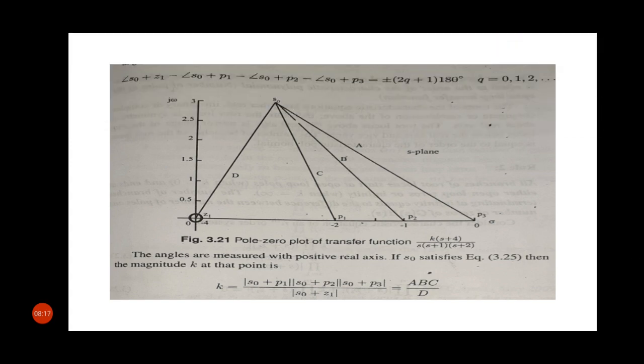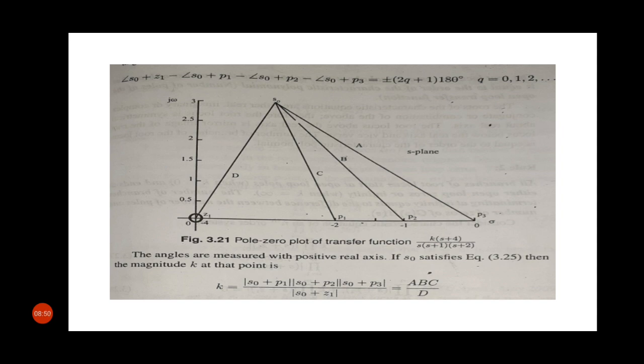Now see, the angles are measured with the positive real axis. If S0 satisfies equation 3.25, that means the angle criteria, then the magnitude K at that point is K equals mod of (S0 plus P1) times mod of (S0 plus P2) times mod of (S0 plus P3), divided by mod of (S0 plus Z1).